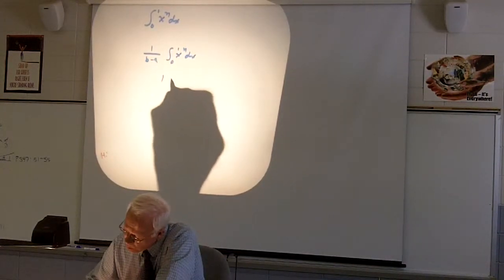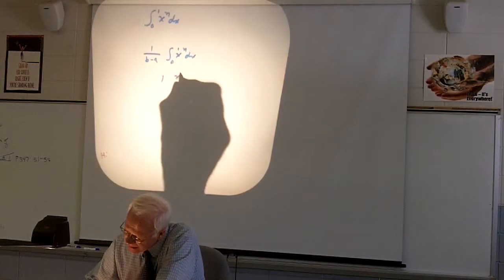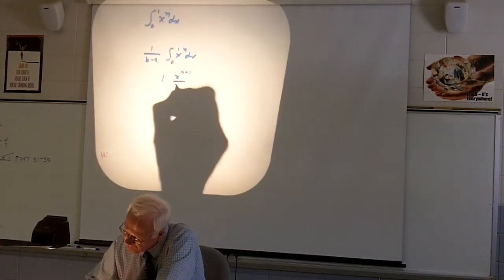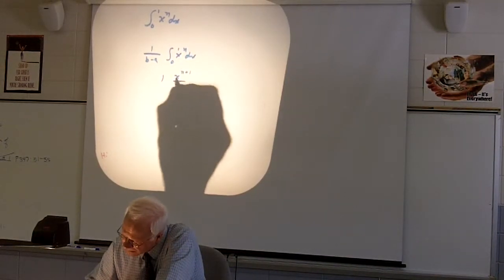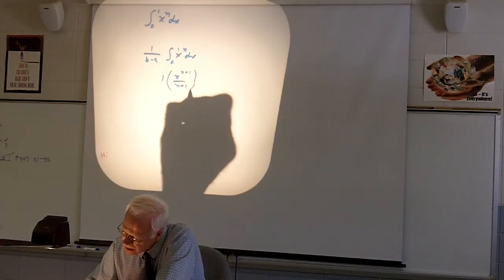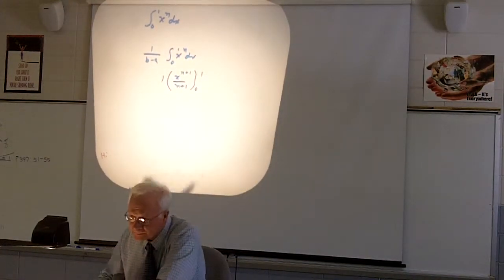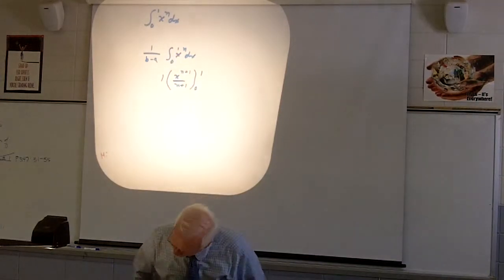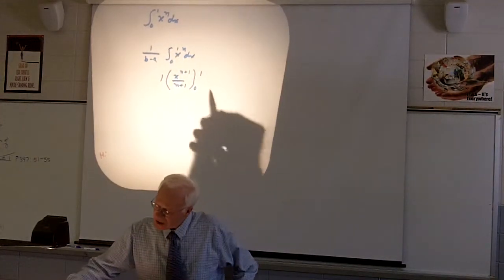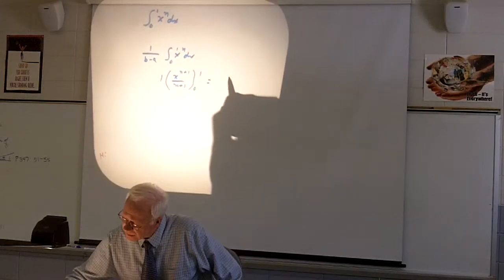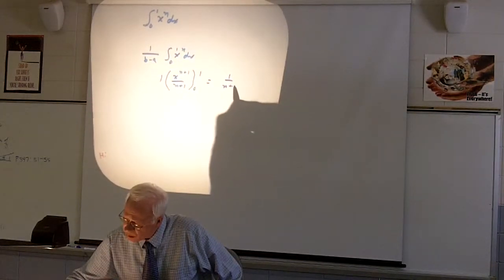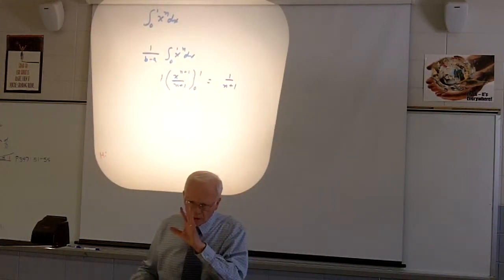And so this is going to give me 1, and the antiderivative of that is x to the n plus 1 all over n plus 1, evaluated from 0 to 1. Now, this turns out to be nothing more than 1 over n plus 1. Okay, we looked at that yesterday.